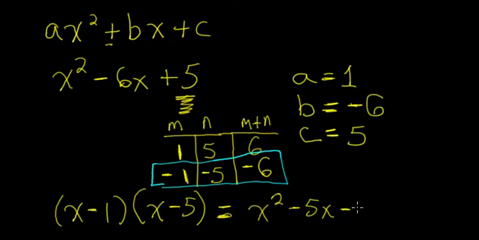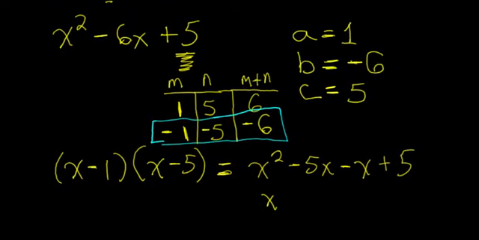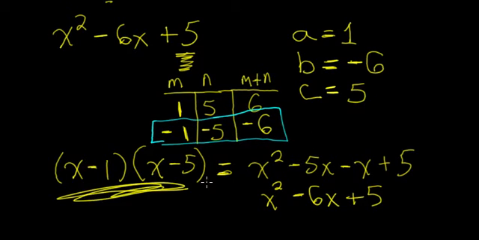The inner terms is negative x. And the last is positive 5. I collect my terms in the middle. And I got what I started with. So these are my factors, x minus 1 and x minus 5.